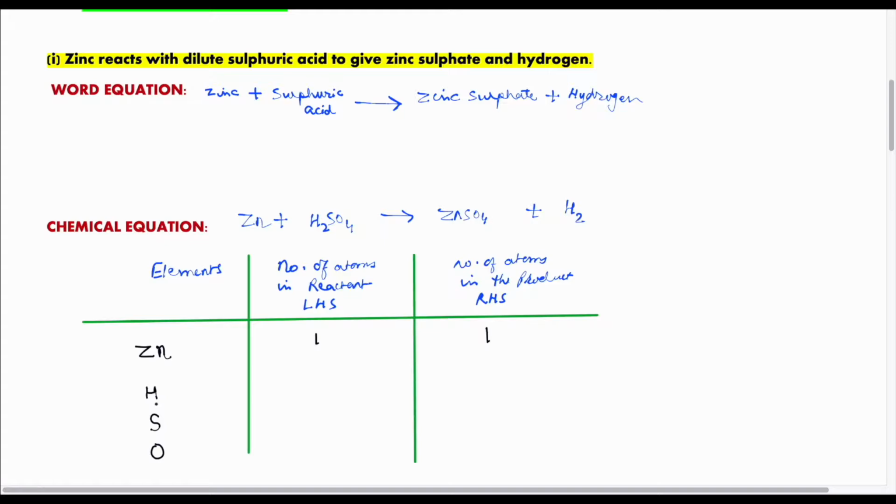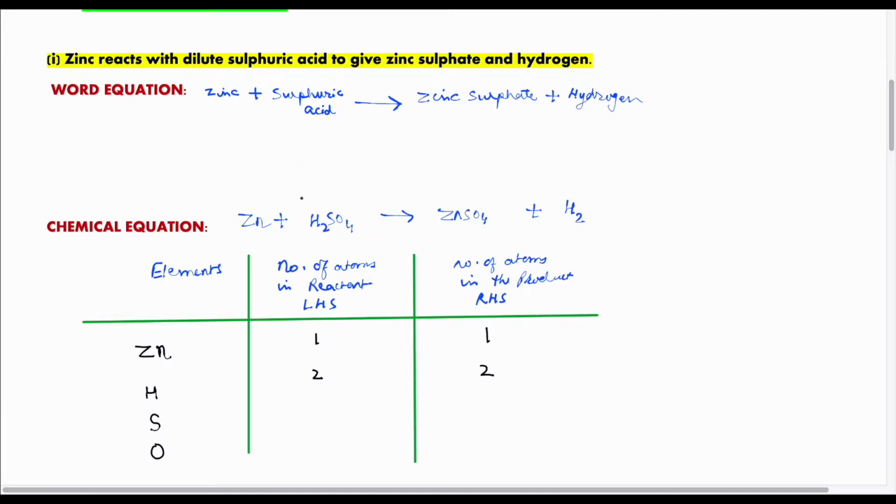Now let us see how many hydrogen atoms we have. Here 2 is the subscript and 1 is the coefficient. So 2 times 1, that is we have 2 hydrogen atoms on the left hand side, and on the right hand side also 2 is the subscript and 1 is the coefficient, so we have 2 atoms of hydrogen on the right hand side. Now let us see how many sulfur atoms we have.